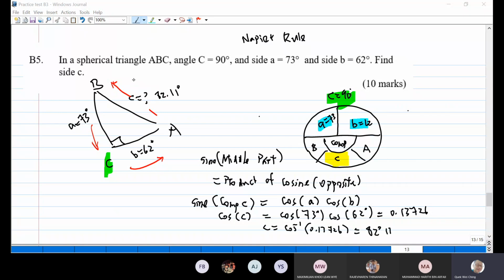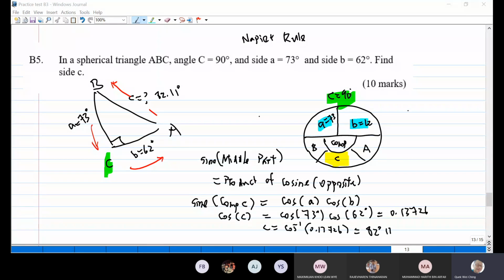Okay, B6 comes out here. B6 is a big question. By looking at the marks, you know that this is going to be a big question here.